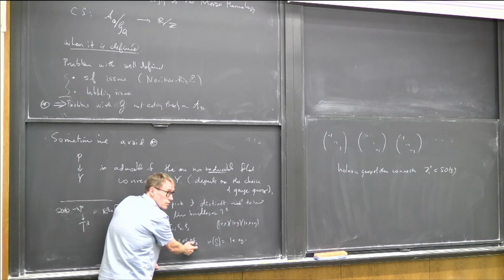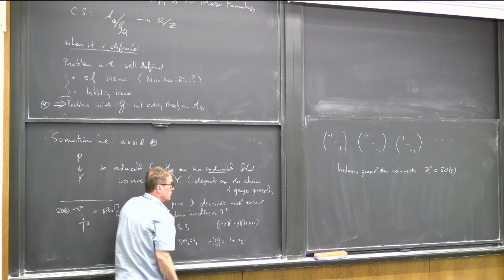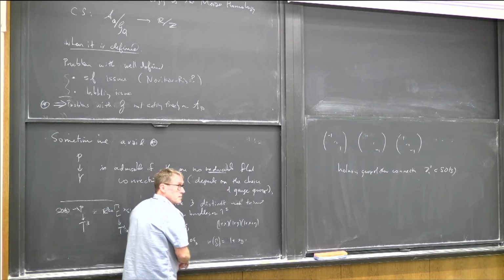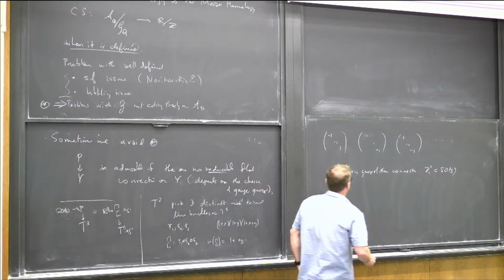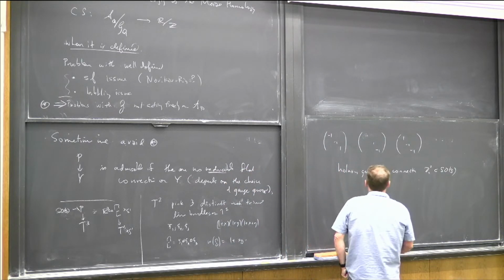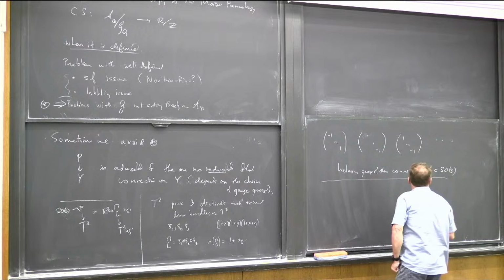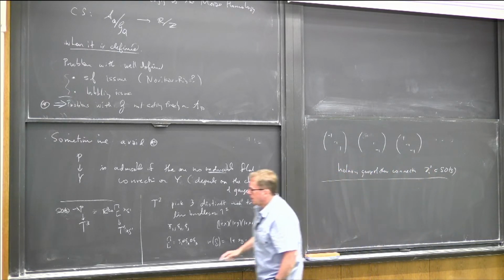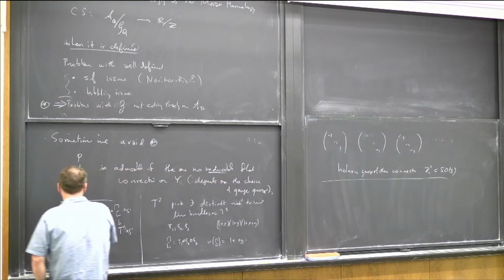That's an orientation preserving automorphism of the bundle, which preserves the connection. It preserves that splitting, right? Now, I should think a little bit more carefully about what gauge group I want to use here.